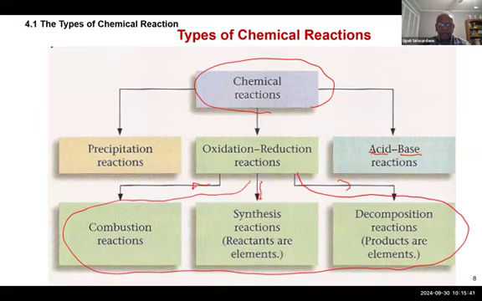Combustion reaction is when oxygen reacts with certain elements. Carbon and oxygen form carbon dioxide, which is combustion. Coal burns to produce carbon dioxide. Coal is carbon. Synthesis reactions are where reactants come together to produce more complex products.